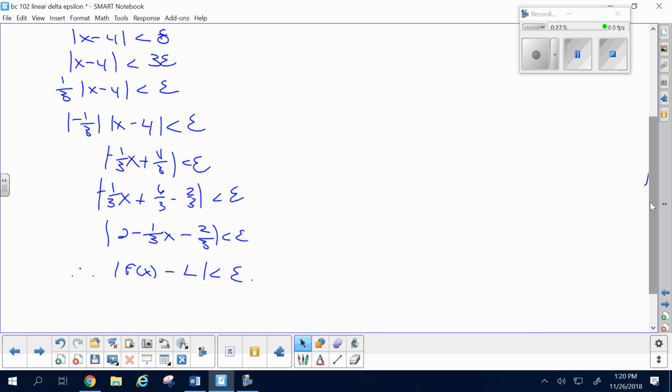Does it matter, for f of x minus L at the end, if it's an L or if you did 2/3 for the limit? If, instead of having an L here, you have the actual numerical limit, that's fine.